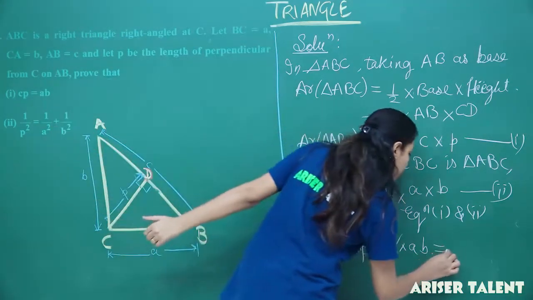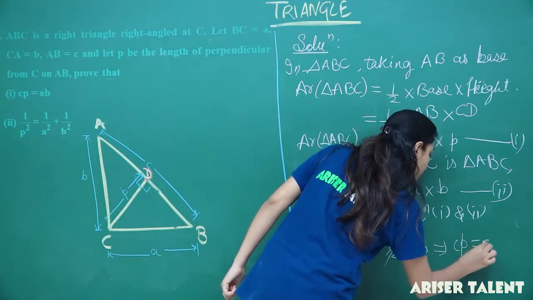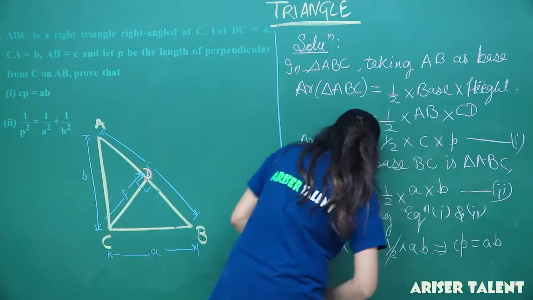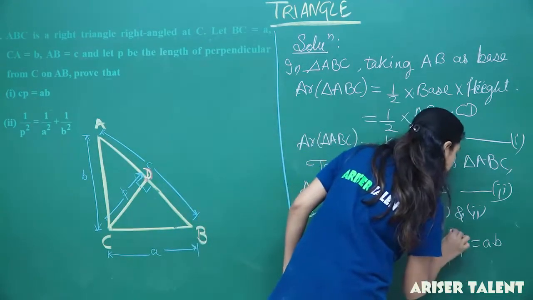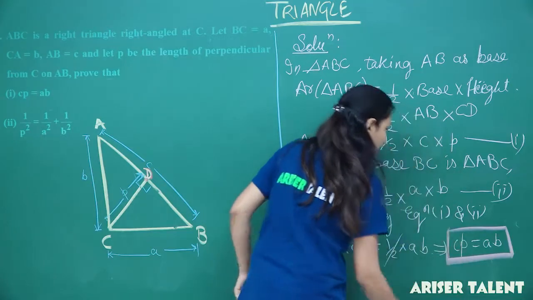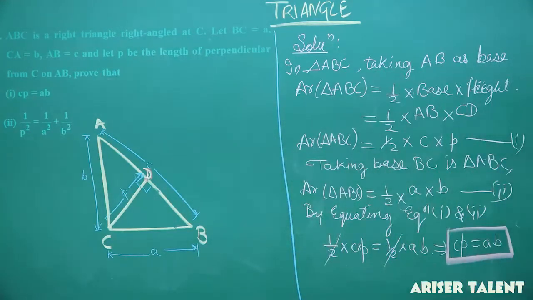That will be CP equals AB, which is nothing but the given expression, students. Note it. Note it completely, then we will move to the second part.